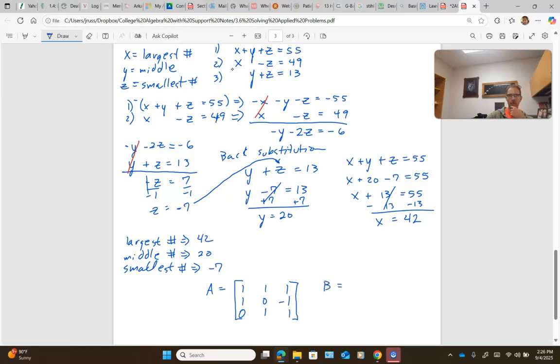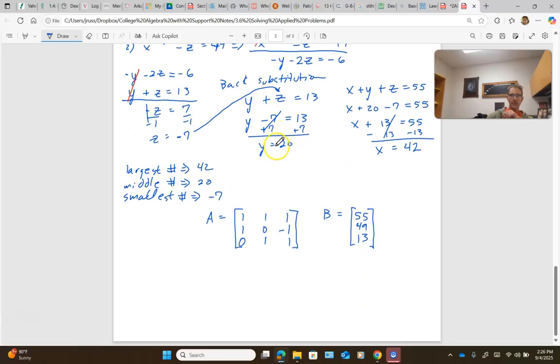And then for my constant matrix, it'll just be these corresponding constants: 55, 49, and 33. Okay. And then if you remember, the matrix algebra that's involved in revealing the solution is taking the inverse of matrix A and multiplying it by matrix B.